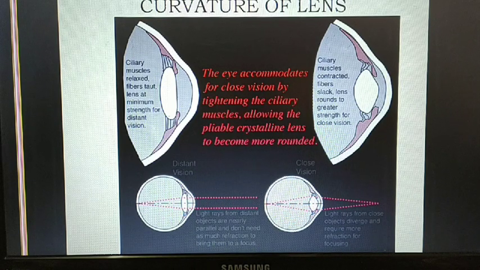So the anterior surface of the lens becomes flat. So here we can see flat, and the correct image is focused on the retina.